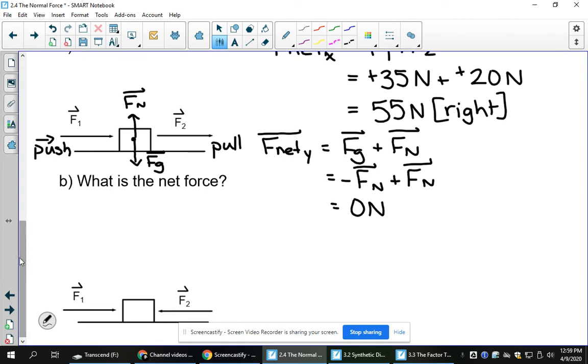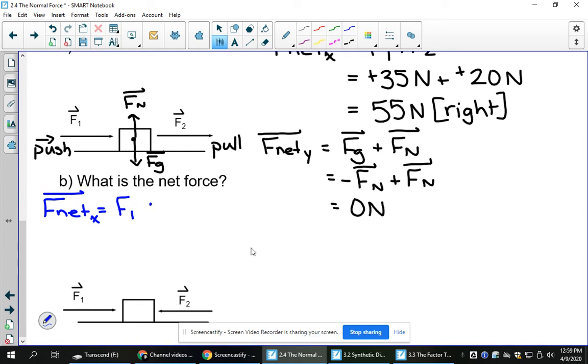The next one has these forces now acting against each other. So you can see the arrows, one is pointing right and one is pointing left. So what do we need to do in this one? Well, we need to make sure that we give these the proper signs. So I'm just going to do the net force, again, in the x direction.